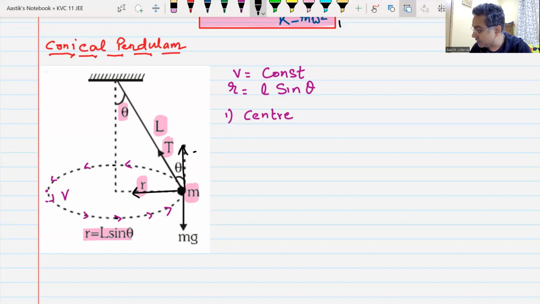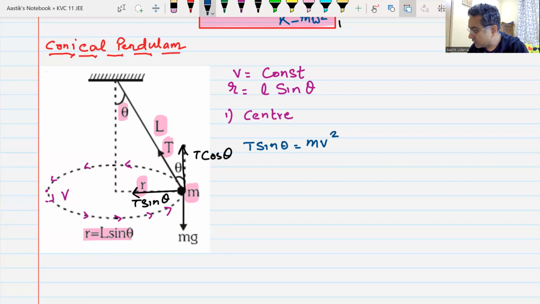This component will be T sin theta and this component will be T cos theta. So if I look at the equation towards the center, T sin theta will give us the centripetal force, mv square by r. I hope all of you understand this.